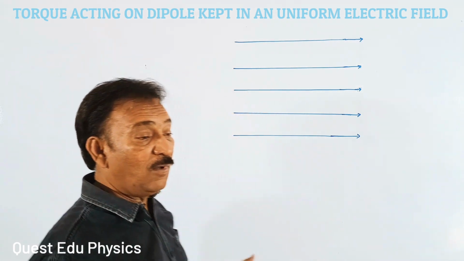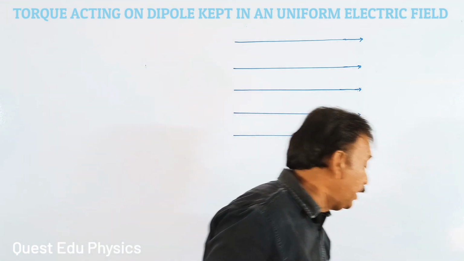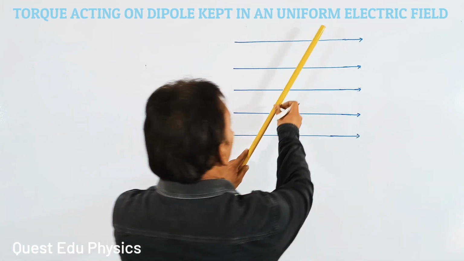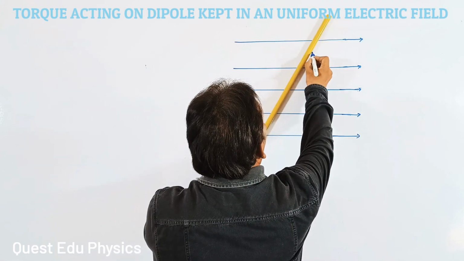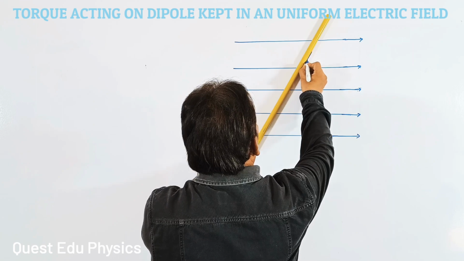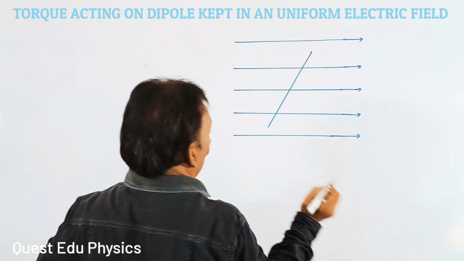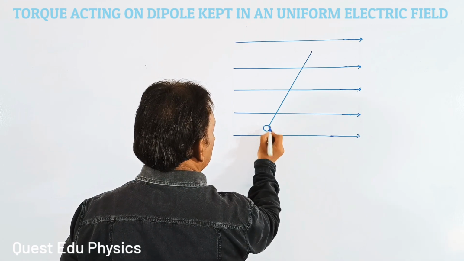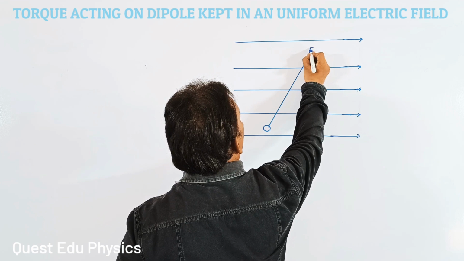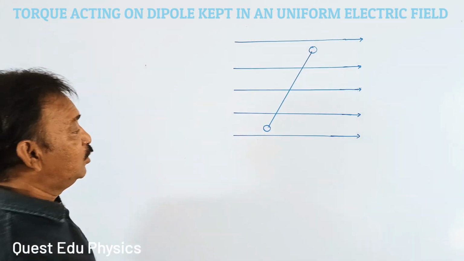Okay, students, now what are we doing? We are taking a dipole and we are keeping it in a uniform electric field. Let us assume it is one of the charges and it is one more charge.